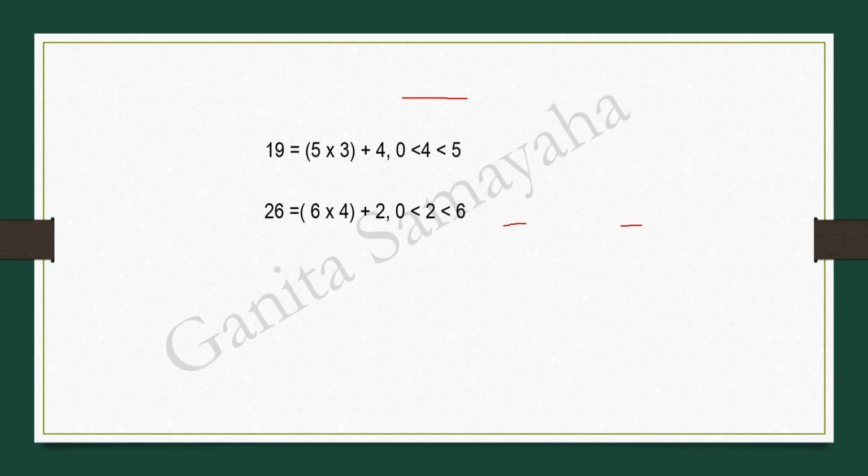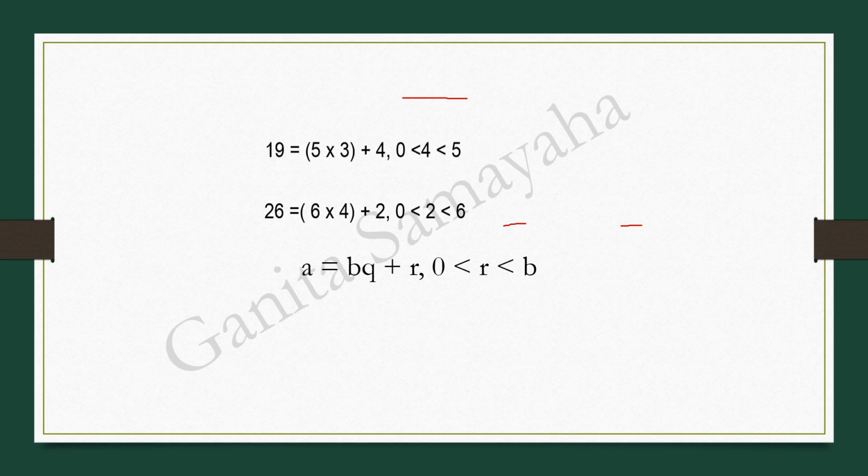That means, given any two numbers, we were given 19 and 5 in the first case, and in the second case 26 and 6. Given any two numbers A and B, we can write it in the form A is equal to B into Q plus R. Here 5 into 3, 3 is the quotient and 4 is the remainder. 26 is equal to 6 into 4, 4 is the quotient and 2 is the remainder.